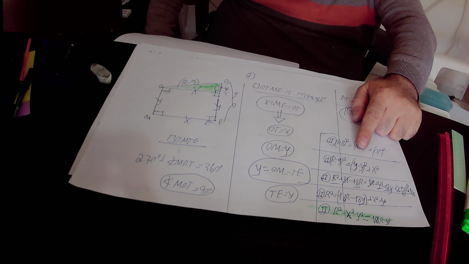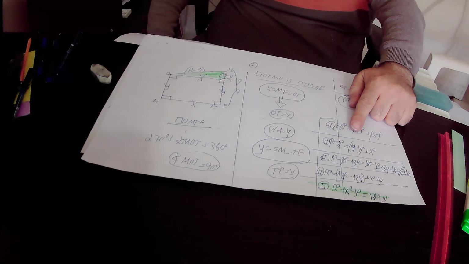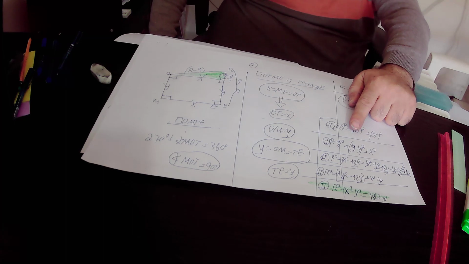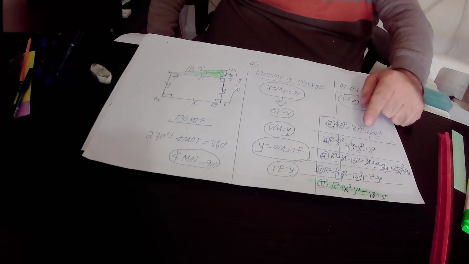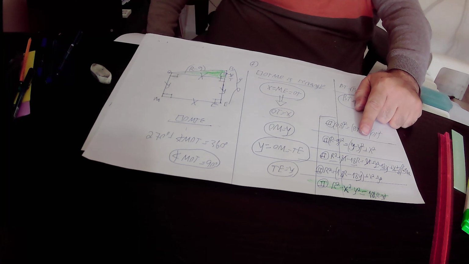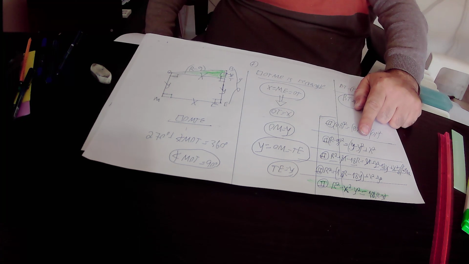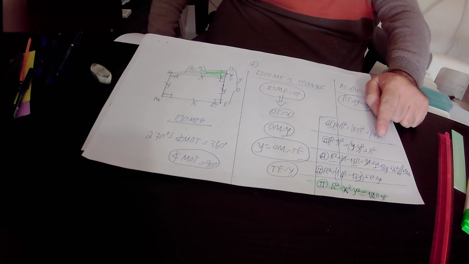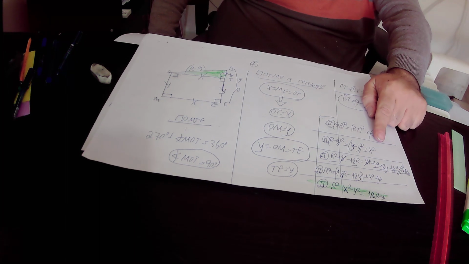We open the brackets on both sides of equation number 2, and we got that (R minus 9) square is R square plus 81 minus 18R. That equals (9 minus Y) square. (9 minus Y) square is 81 plus Y square minus 18Y plus X square.